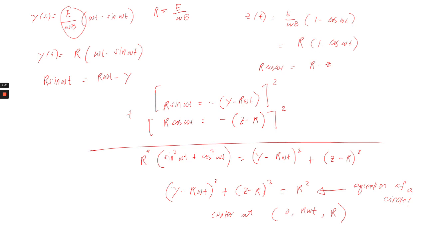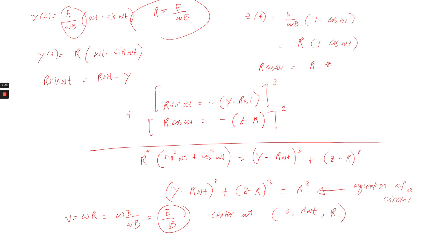Its speed is, with your angular velocity, omega r, where r is just E over omega B, which we defined. Or this is just E over B. So that's the constant speed of the particle.